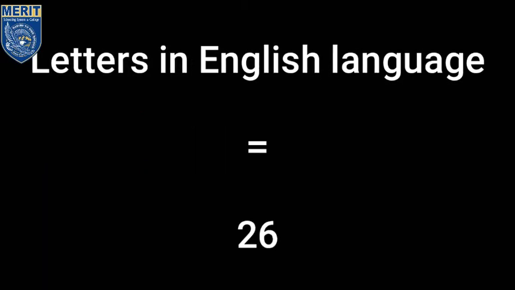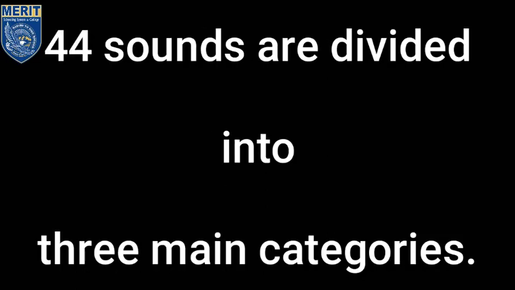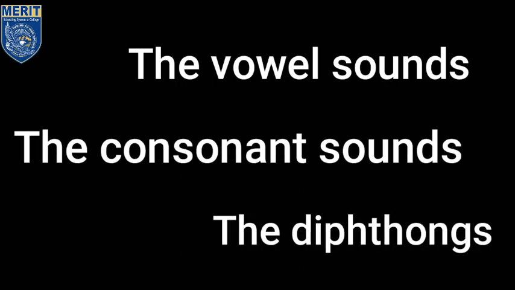As you know, there are 26 letters in the English language, and these 26 letters form 44 speech sounds. These 44 speech sounds are further divided into three main categories: the vowels, the consonants, and the diphthongs.